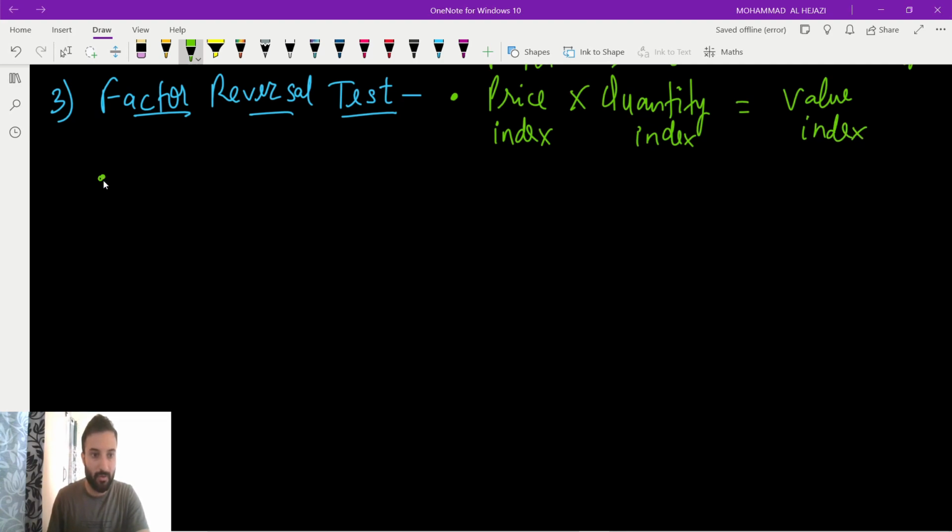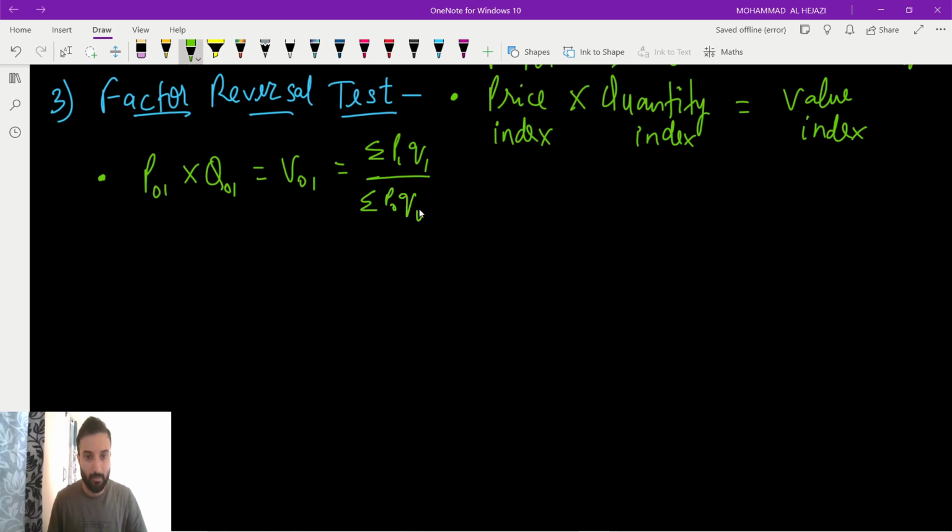The product of price index and quantity index is equal to the value index. We know that price index number into quantity index number is equal to the value index number. And the value index number, when price and quantity are given, is summation of P1 Q1 by summation of P0 Q0.